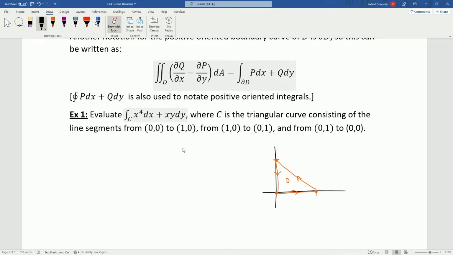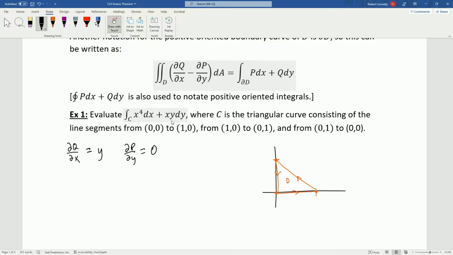So that tells us that if we wish to evaluate this line integral, we can make it a little bit easier by first calculating dQ/dx, which, okay, Q is xy, so dQ/dx is just y, and dP/dy, all right, well, P is x to the fourth, so the derivative with respect to y is just 0.